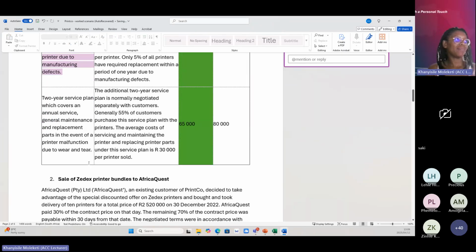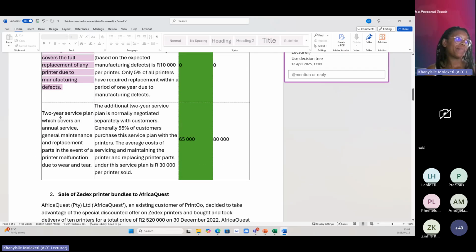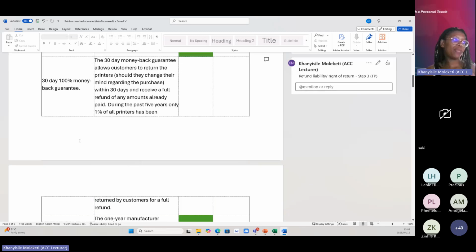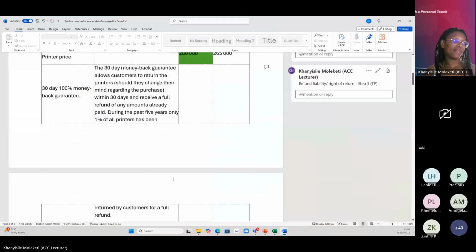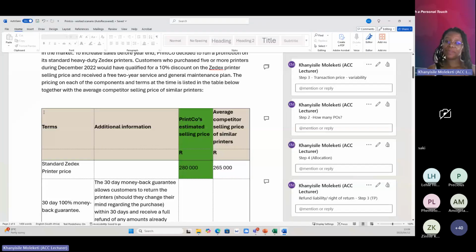Okay. Then the last thing is a 2-year service plan, which covers an annual service, general maintenance, and replacement parts in the event of a printer malfunction. Okay. With this, or actually not just with this, if we look at everything here, this table essentially helps us with the very first part of our step 2 response.